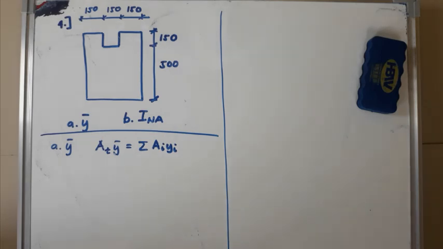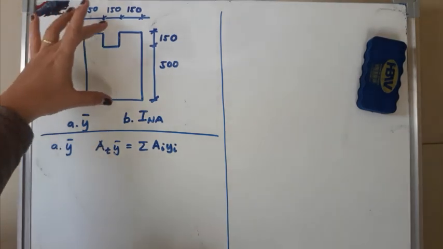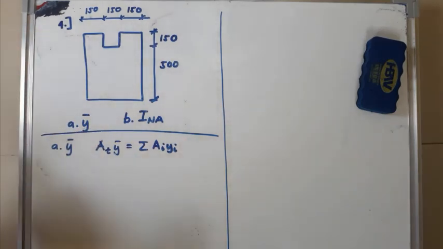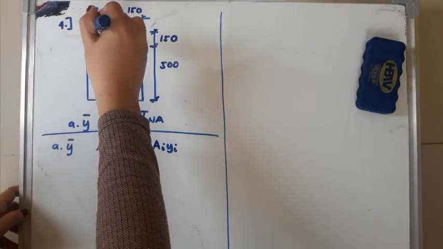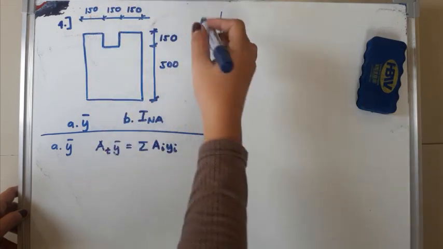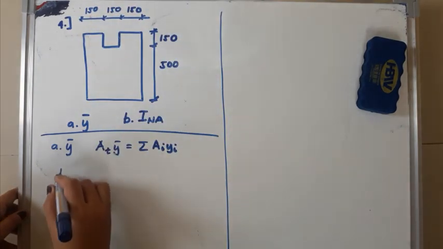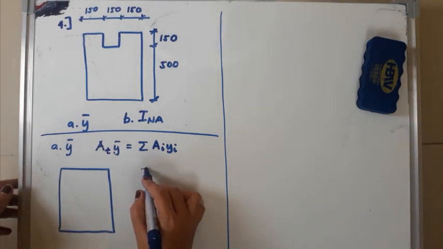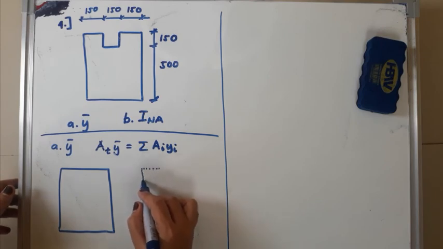In this example, we can solve this in many ways, but I will teach you the easiest way. The easiest way is that our area 1 is the rectangular shape with no hole. So this is our area 1. Our area 2 will be the hole. So this is our area 2.